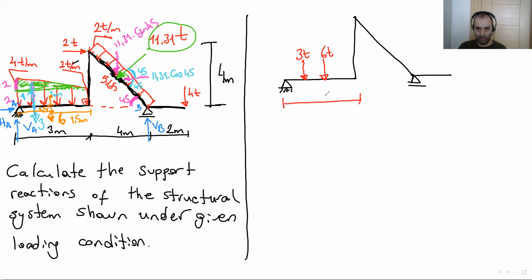Their dimensions are: this is 1.5 meter, for this one this is 1 meter, 2 meter. And at the top, we have a horizontal load. Now at the midpoint here, what we have, 11.